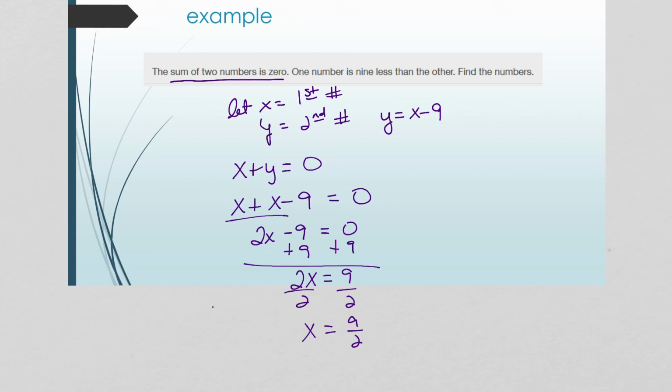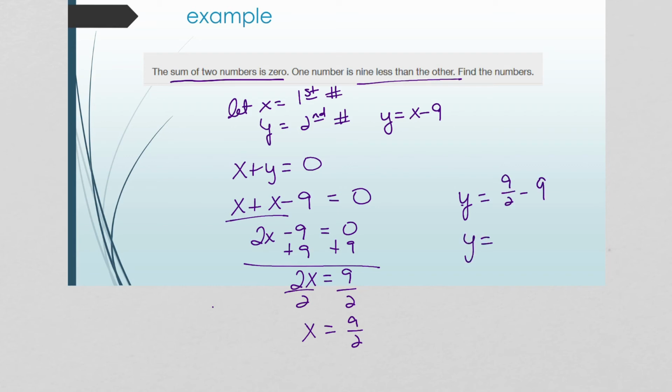Okay? 9 halves is the same thing as 4 1/2. Now, how do I find my other number? Okay, if one of them is 9 halves, the other one is 9 less, right? So I would substitute this information in right here. Okay, so I've got y is equal to 9 halves minus 9.